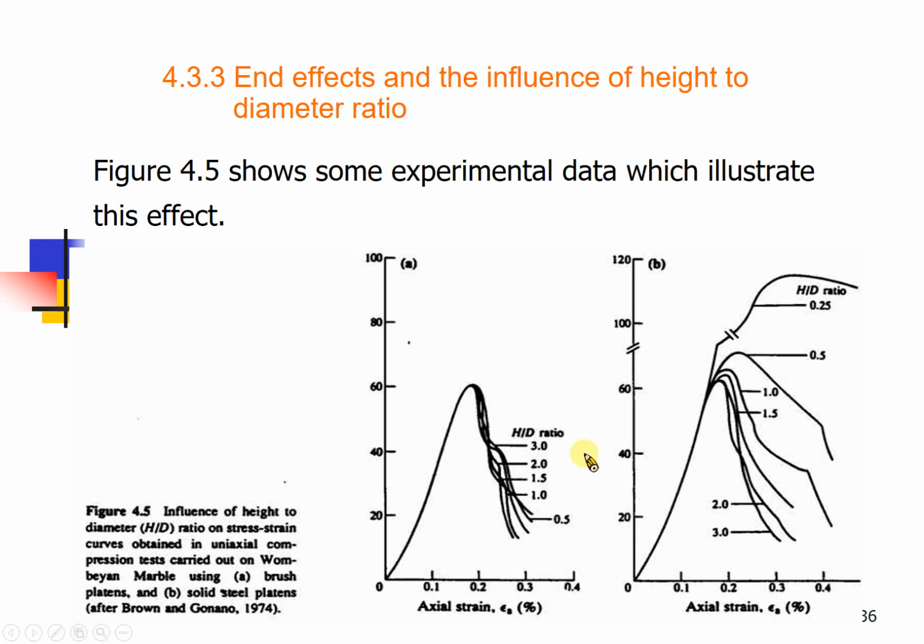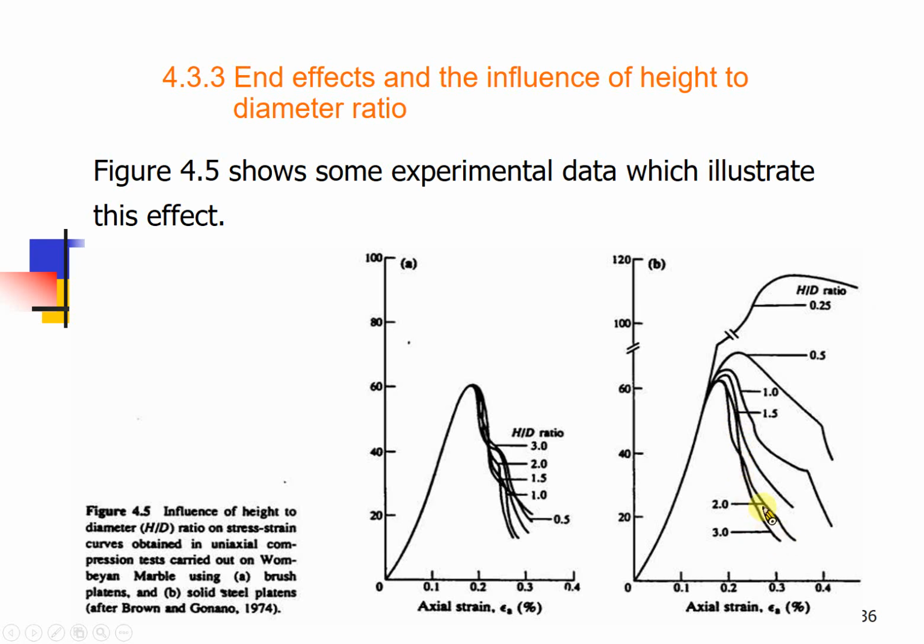This figure shows different sample sizes and shapes, starting from the very long sample, where the length divided by diameter equals 3. It means if this is 3, then the diameter will be 1. Okay, understand? This will be the testing results.